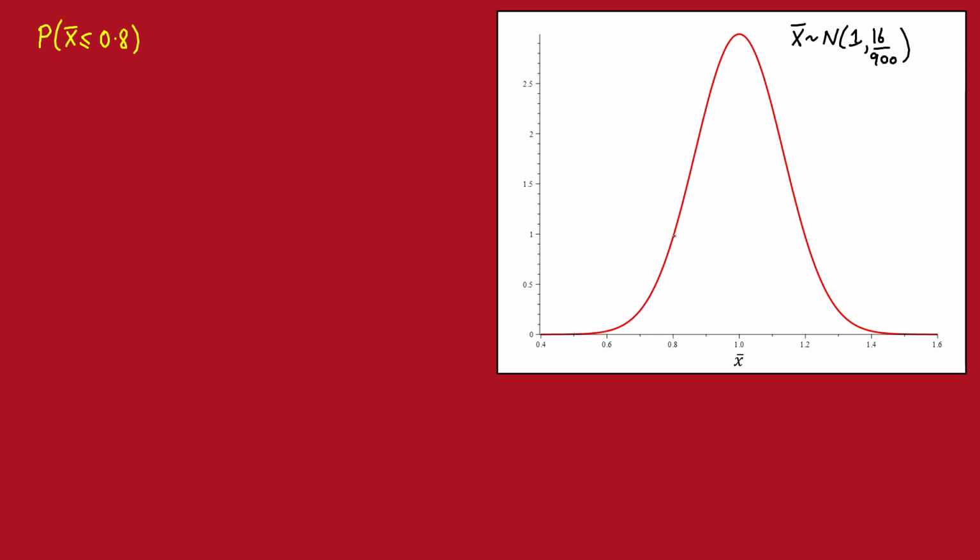We can think about the probability of observing a sample mean less than or equal to 0.8 as being the area under the probability density function of the sample mean to the left of 0.8. So this shaded area will be the probability that x bar is less than or equal to 0.8.